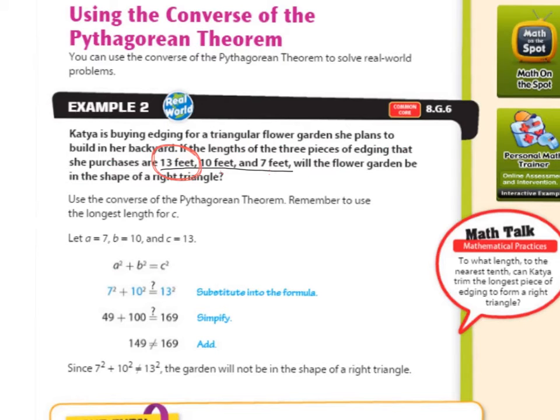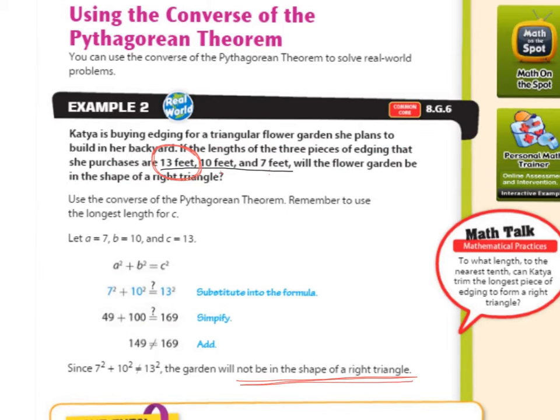Then we're going to solve those. 7 times 7 is 49, 10 times 10 is 100, and 13 times 13 is 169. So when we add these two together, we get 149 and 169. These are not equal, so these side lengths will not make a right triangle. They will not be in the shape of a right triangle. So same thing, just applying it to real-world situations.